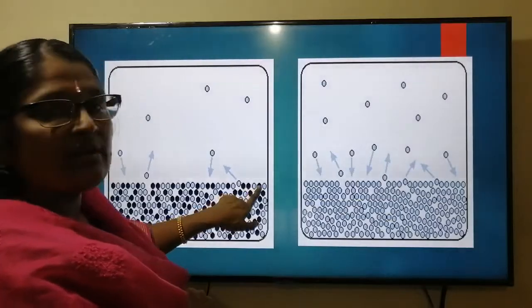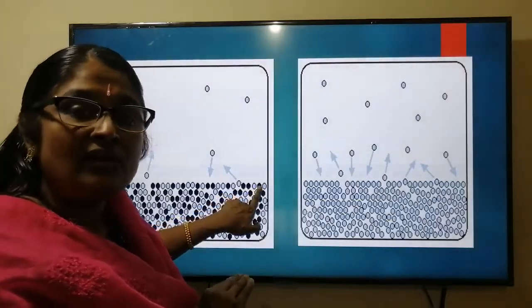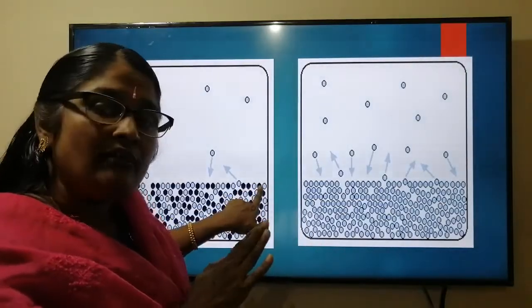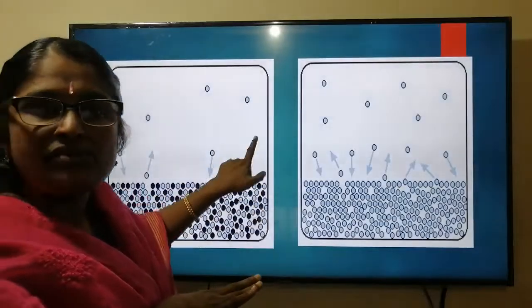Why? Because somebody else takes their position and hinders them from going into the vapor phase. Because this sodium chloride or glucose is non-volatile, they cannot vaporize. So only H2O can go into the vapor form.